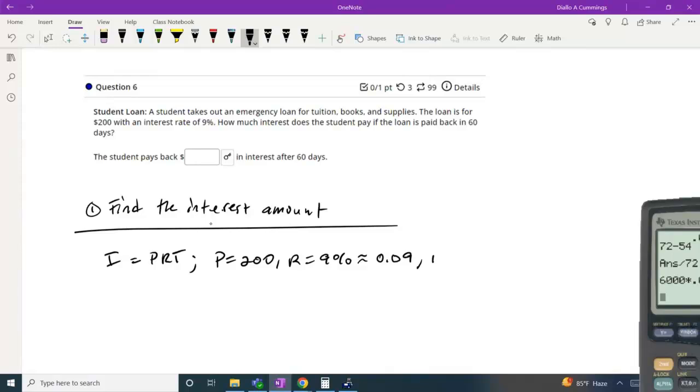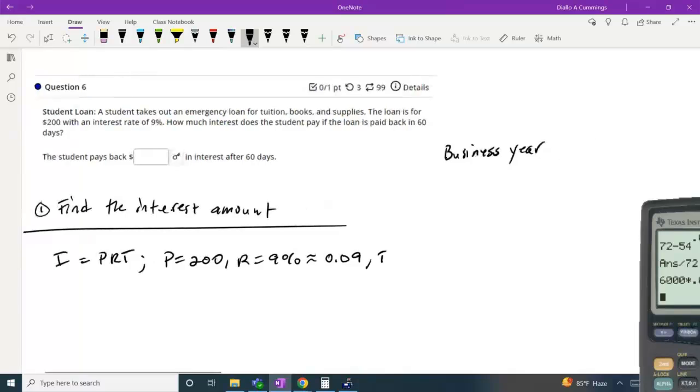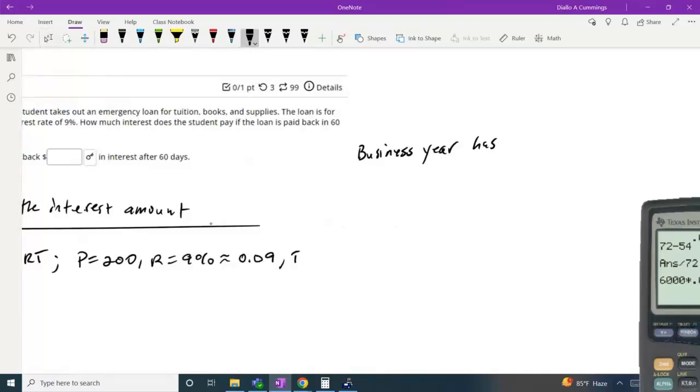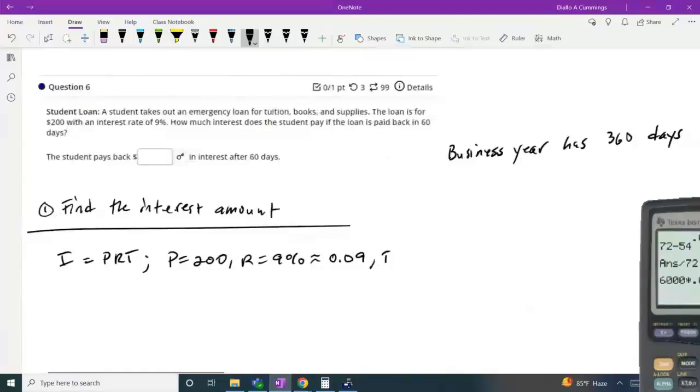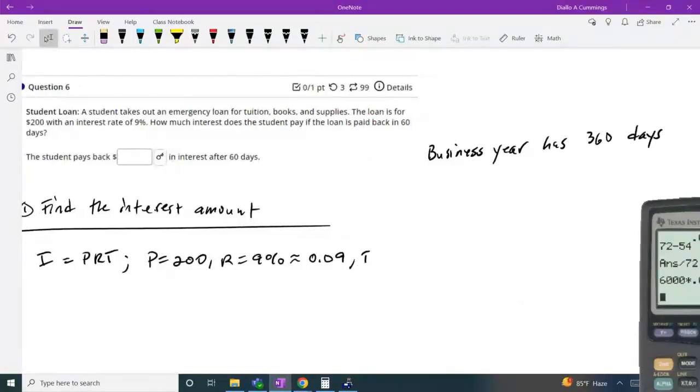And the time. Now, a business year has 360 days. So when you're calculating business years, it's 360, not the 365 and the leap year and all of that. It's just exactly 360.